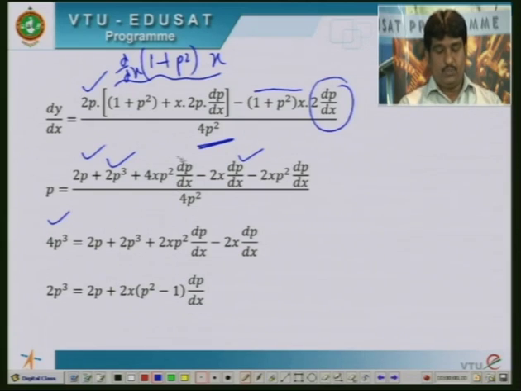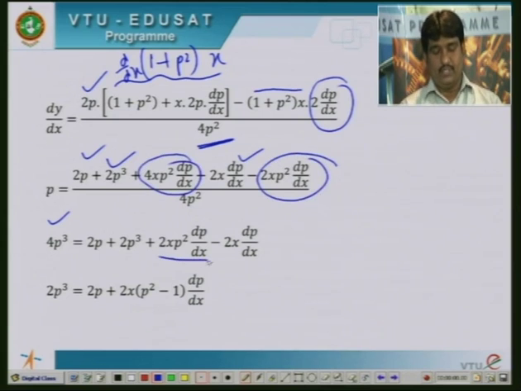You simplify these terms. From the third and fifth terms we have 2x p square into dp by dx, this term as it is, minus 2x into dp by dx.